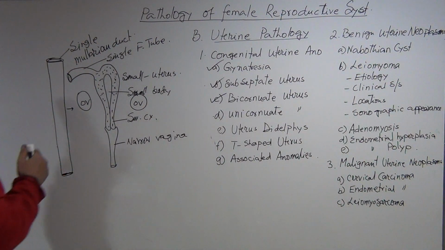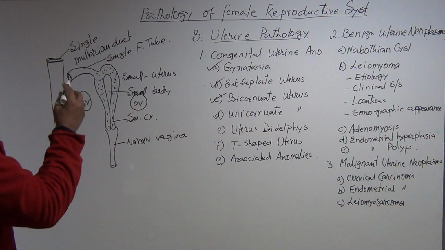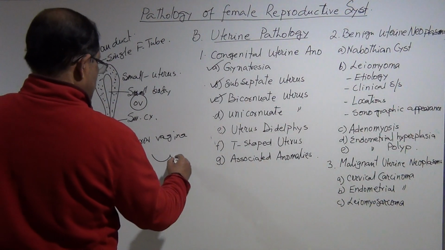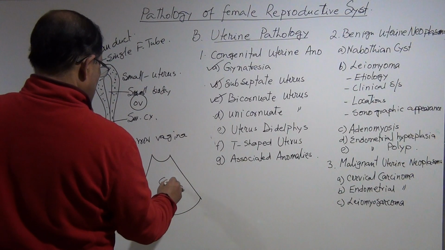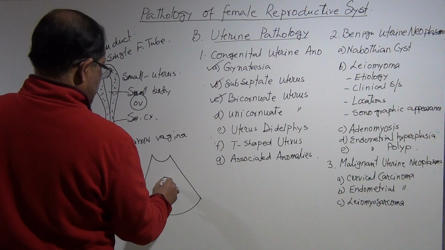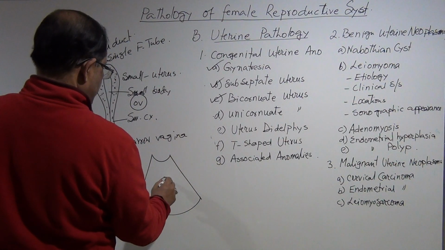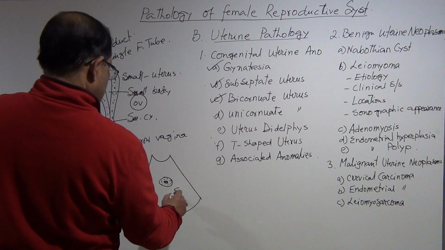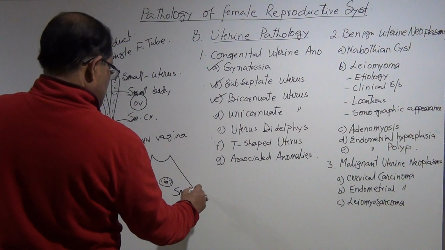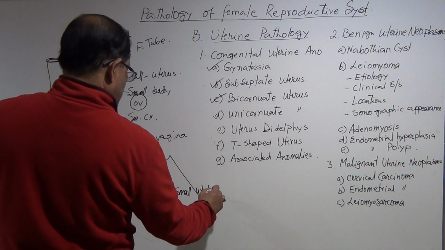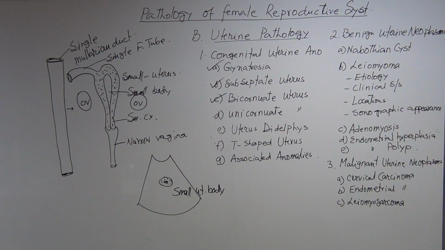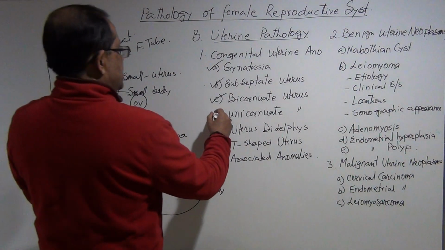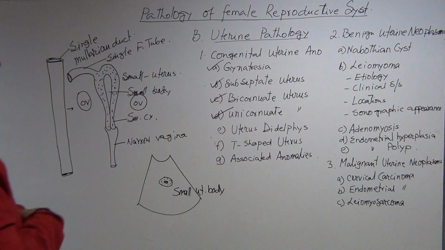So now we understood that sonographically in transverse view you will see the small uterus with the endometrium, small uterus body. Okay, so this is unicornuate.